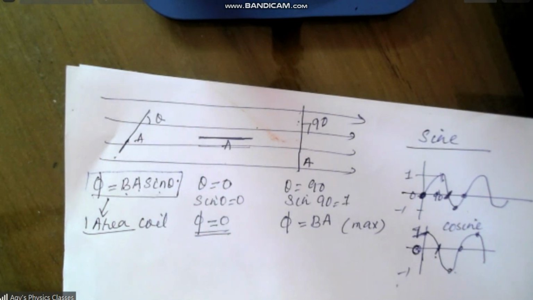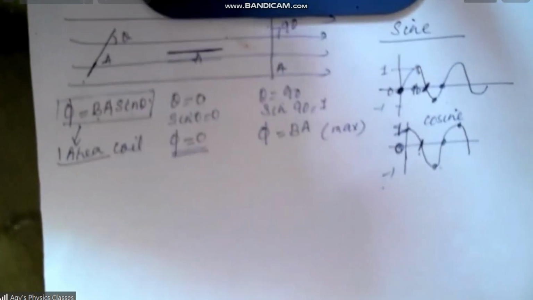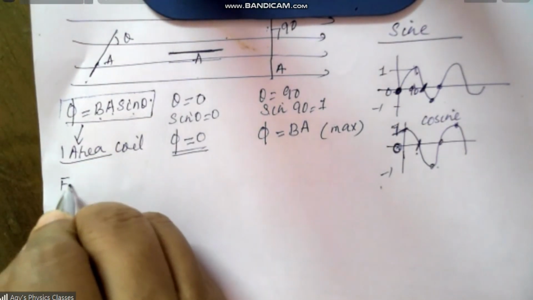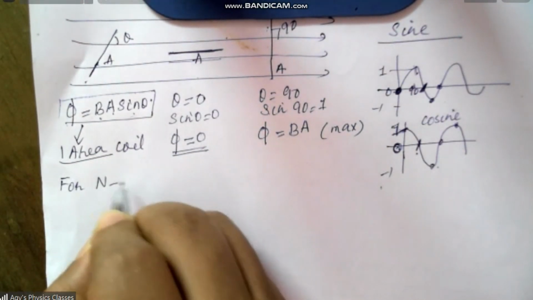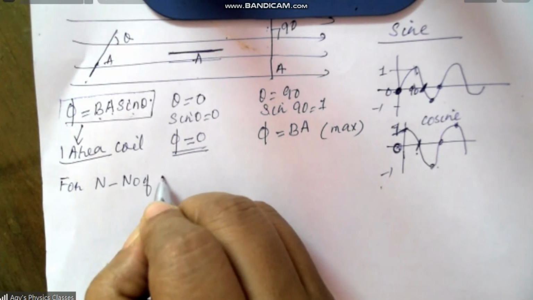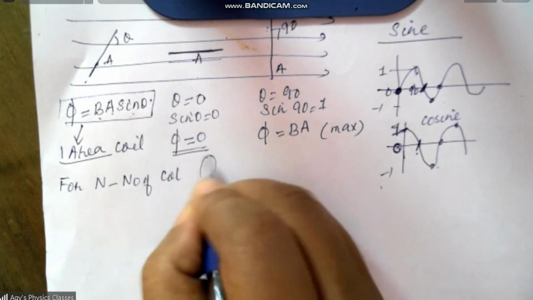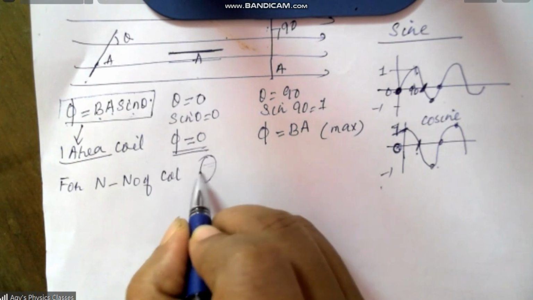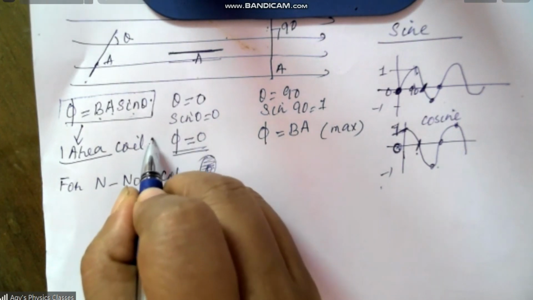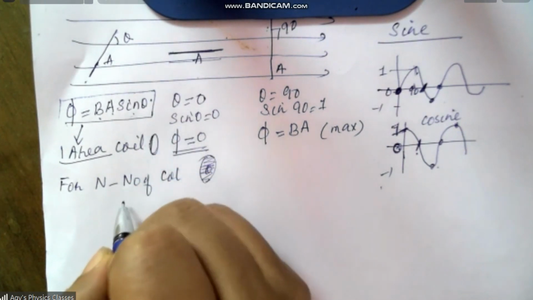So if there are n number of coils, which usually happens in practical cases for motors and all, we say a coil. Even though this is hollow, this is considered as an area. That means you have got one single coil.